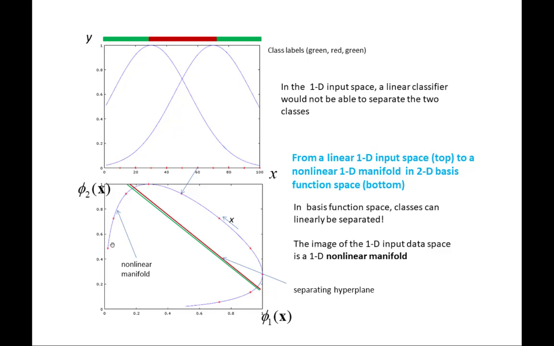So even if in the original space the data might be randomly or arbitrarily spaced, in this basis function space we have this pretty interesting curve, which, since the input had one dimension, also only has 1 degree of freedom. So it's called a nonlinear manifold with 1 degree of freedom.